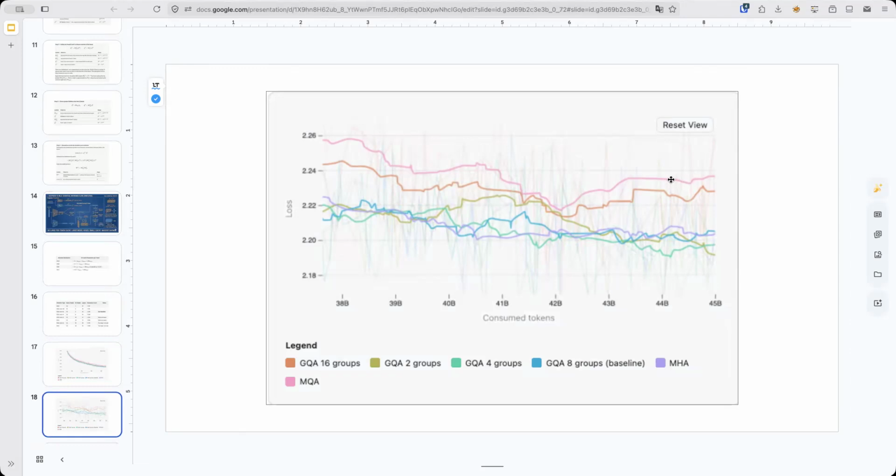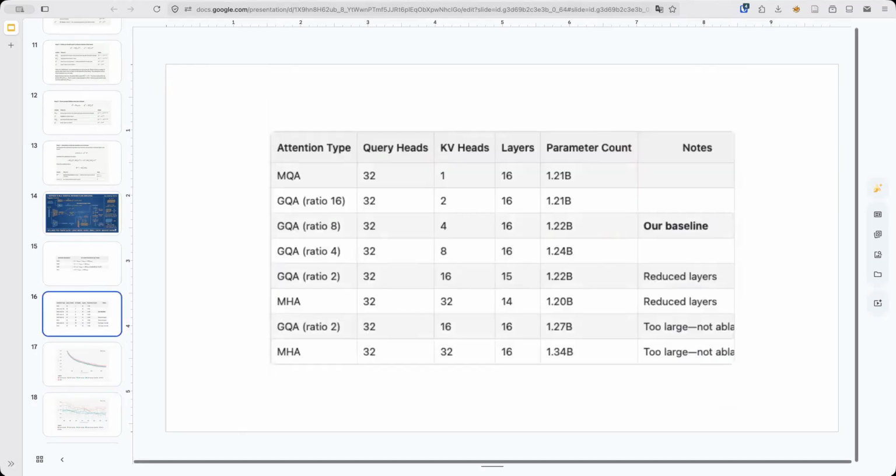We have multi-query attention performing worst of all. Then we have grouped query attention with 16 groups, surprisingly. I'm not sure why. My gut would tell me that if we increase the number of groups, loss should go down, but it doesn't. So I don't know why. It is the way it is.